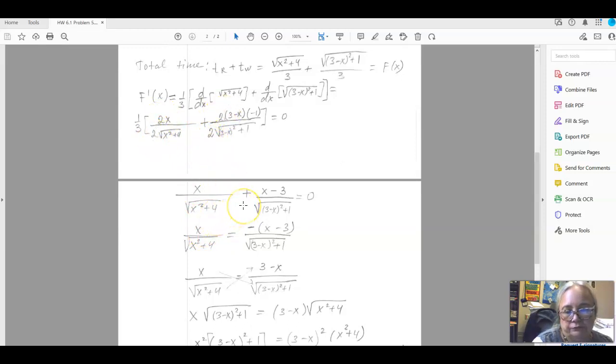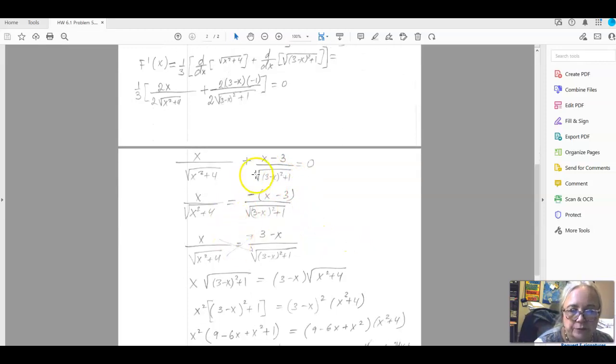If your coefficient's still there, don't worry about it, just keep them if you cannot cancel something. So basically I noticed, then I distributed -1 and I got x minus 3 rather than 3 minus x. But then I decided to solve this radical equation as a proportion.